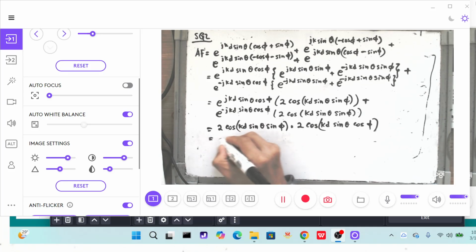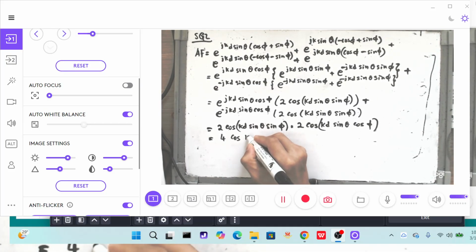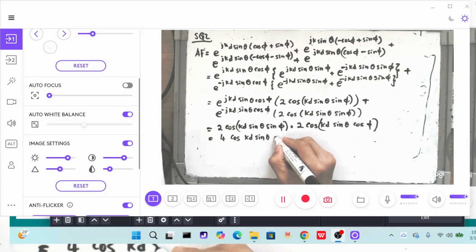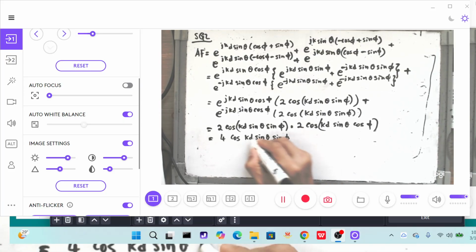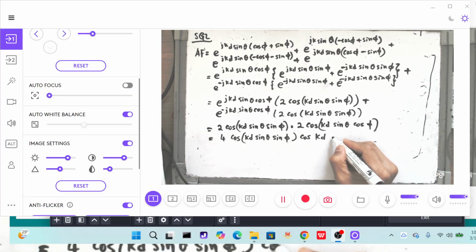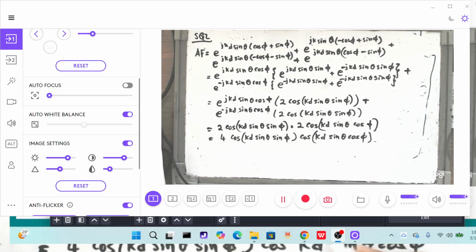So the answer here is 4 cosine K D sine theta sine phi, and then cosine K D sine theta cosine phi. So this is done.